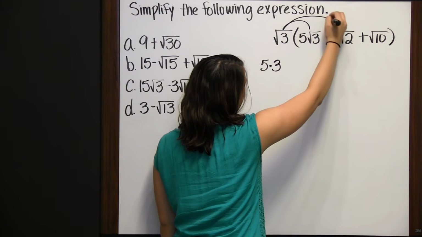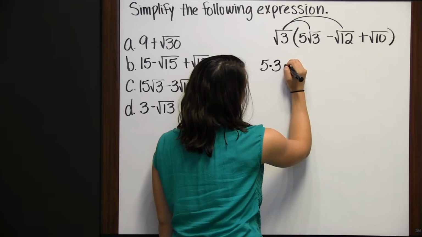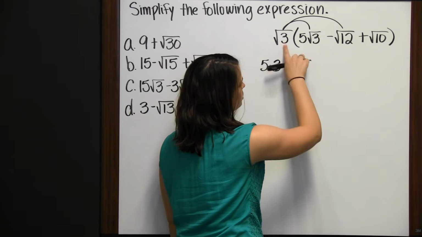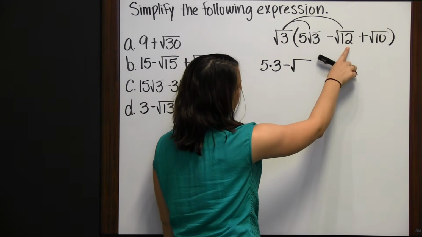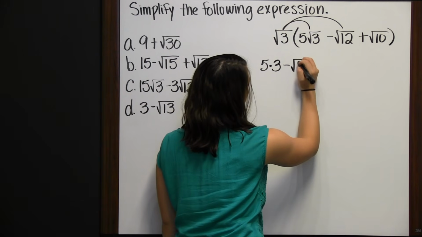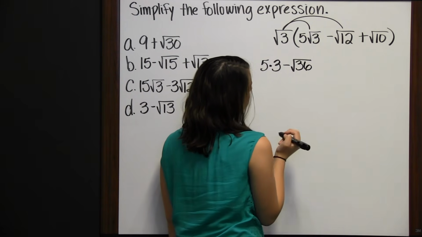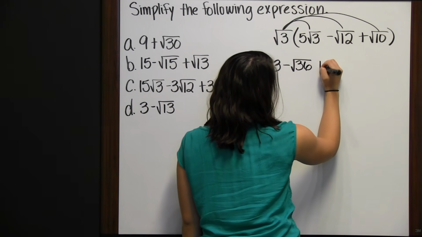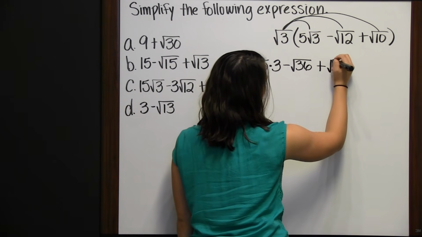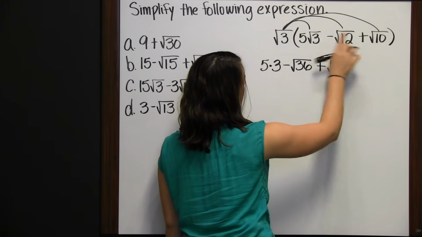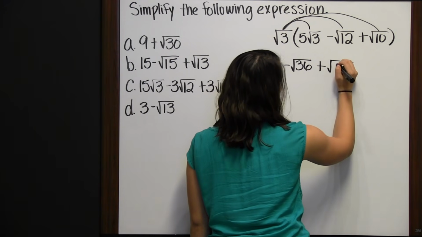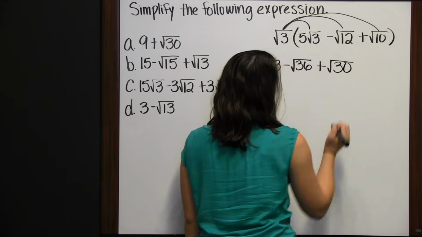The square root of 3 times the negative square root of 12 is the negative square root of, and you just multiply your numbers under the square root. So 3 times 12 is 36. And then the square root of 3 times the square root of 10. So again, we're just multiplying our numbers under the radical. 3 times 10 is 30, so the square root of 30.